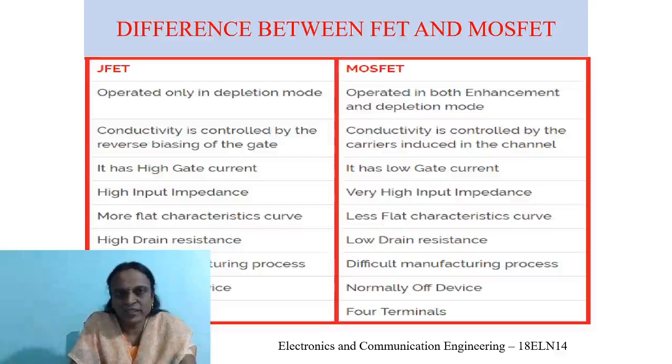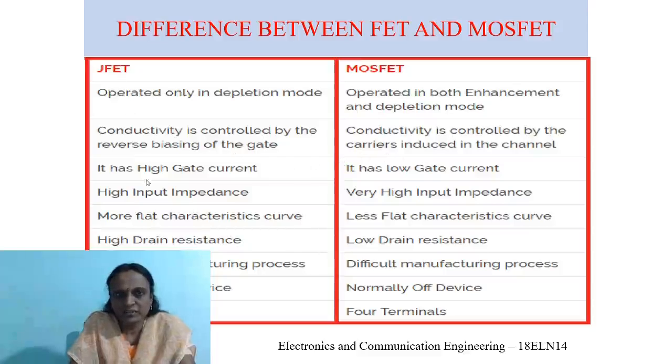To list out a few differences mainly between the JFET and MOSFET. JFET is operated only in depletion mode, whereas we just saw that MOSFET can be operated in both enhancement and depletion mode, depending on the type of operation. Second, the conductivity in a JFET is controlled by the reverse biasing of the gate, whereas in a MOSFET the conductivity is controlled by the carriers induced in the channel.